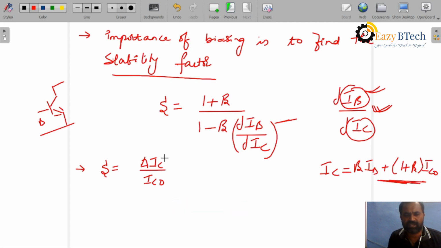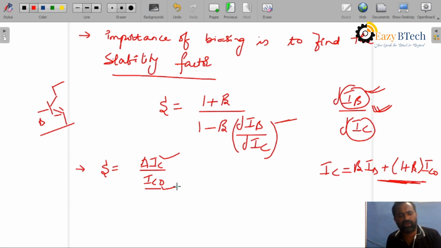Okay, it means change in IC current with respect to the IC naught as the temperature increases. For every 10 degree rise in temperature, the reverse saturation current will be double. This IC naught is a reverse saturation current, leakage current or minority current. That means because the BJT is a bipolar device, temperature affects the minority charge carriers.